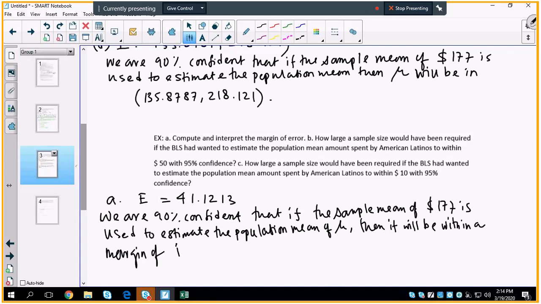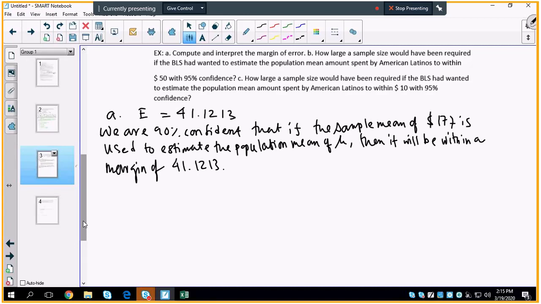So 41.1213. The last one I said it will be plus or minus the margin of error of the sample mean. I can also say it will be within a margin of $41.1213 from the sample mean, or of the sample mean of $177. That is the interpretation of the margin of error.